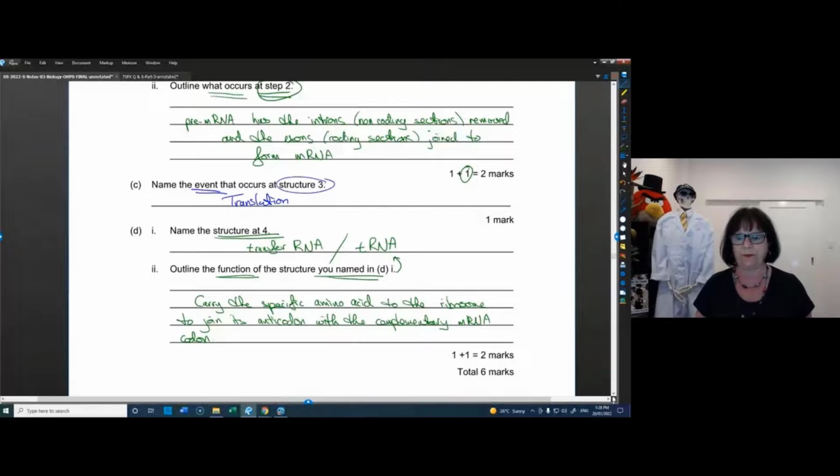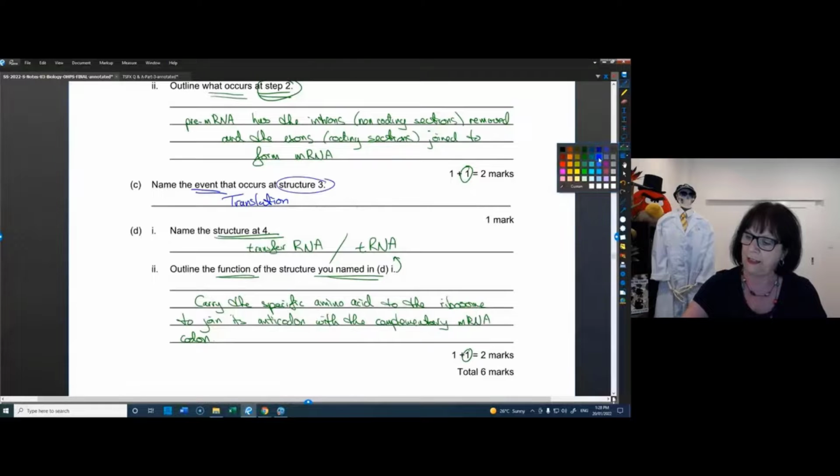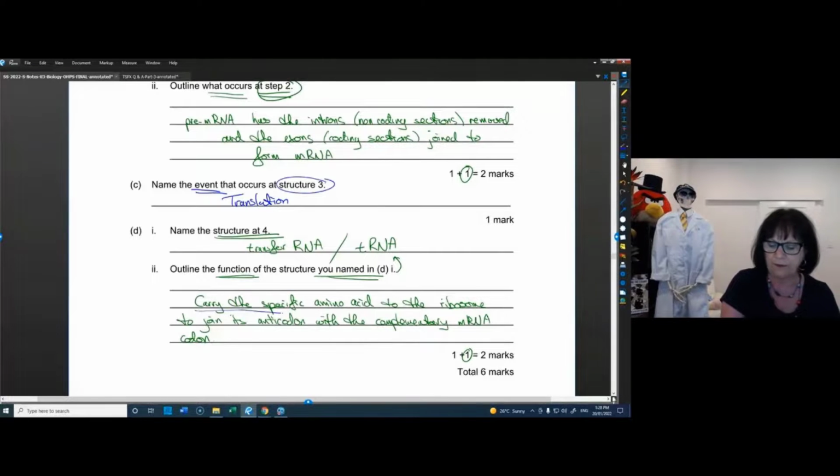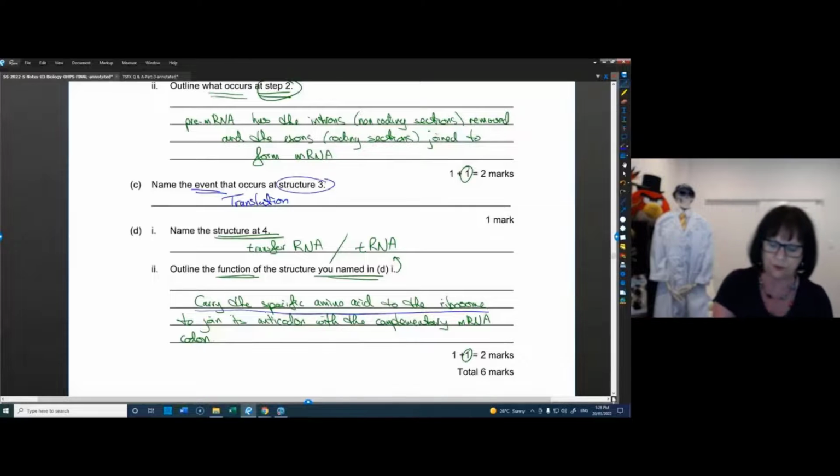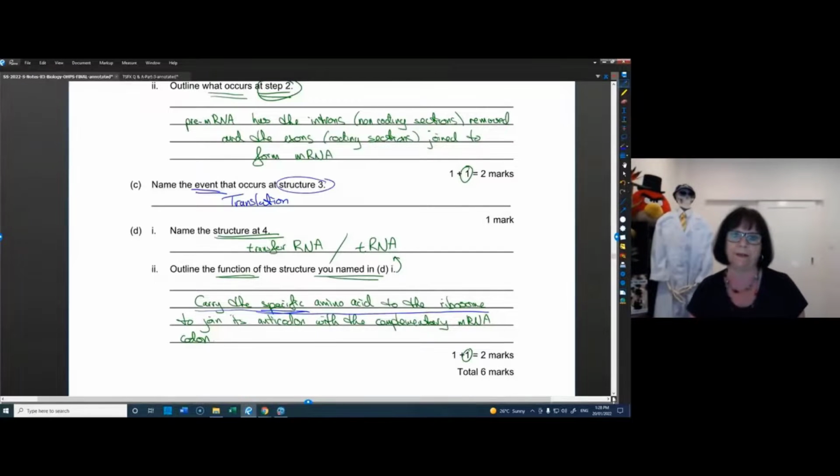Now, that's a lot of information. Again, 1 mark. It probably is enough for you to have that as your answer, as long as you have the word specific.